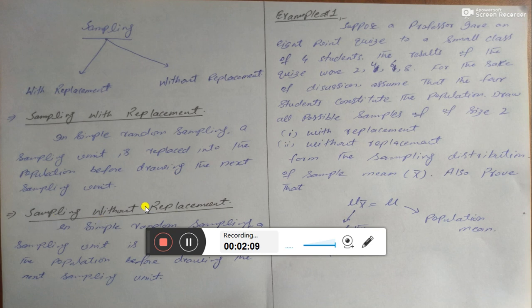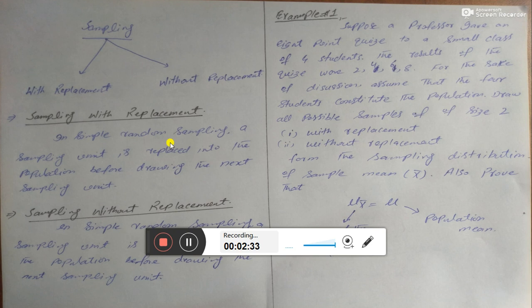And sampling without replacement is the alternative to simple sampling with replacement. In simple random sampling, a sampling unit is not returned back into the population before drawing the next sampling unit. If I have selected a unit to be included in the sample, it will not be returned back into the population before selecting the next sampling unit.